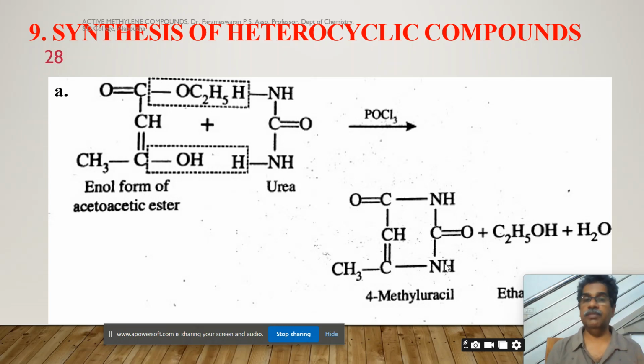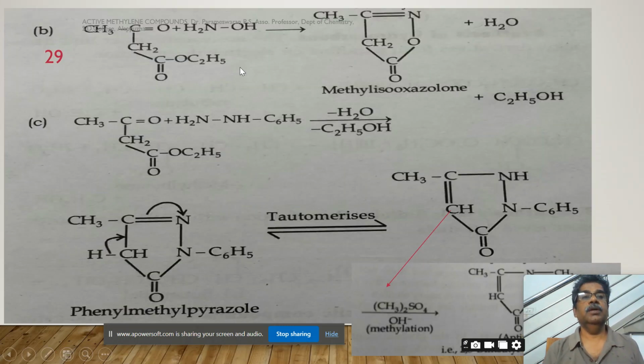The another one is acetoacetic ester, which is treated with hydroxylamine. It was already discussed in the class. It is converted to methyl isoxazolone. So you can synthesize methyl isoxazolone from acetoacetic ester.